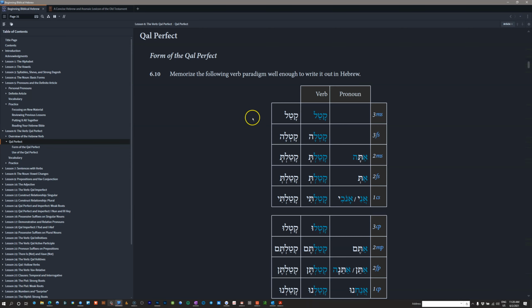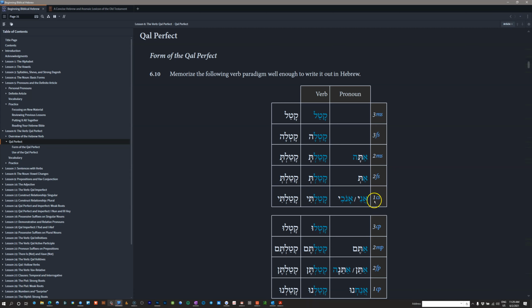So in Hebrew, the most common form is the third person form. That occurs much more frequently than second or first. And it's also the simplest form of the verb. And so when Hebrew orders out the form of the verb, it starts with the third person masculine singular, then third person feminine singular, and then second person masculine singular, then second feminine singular, first person.